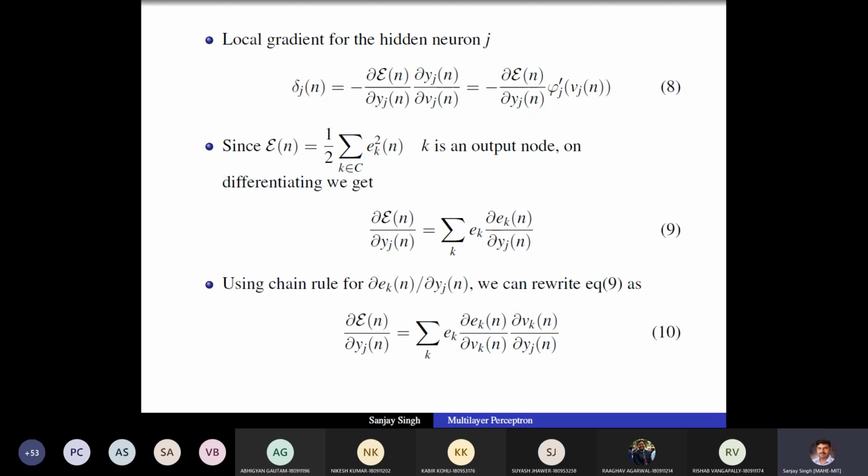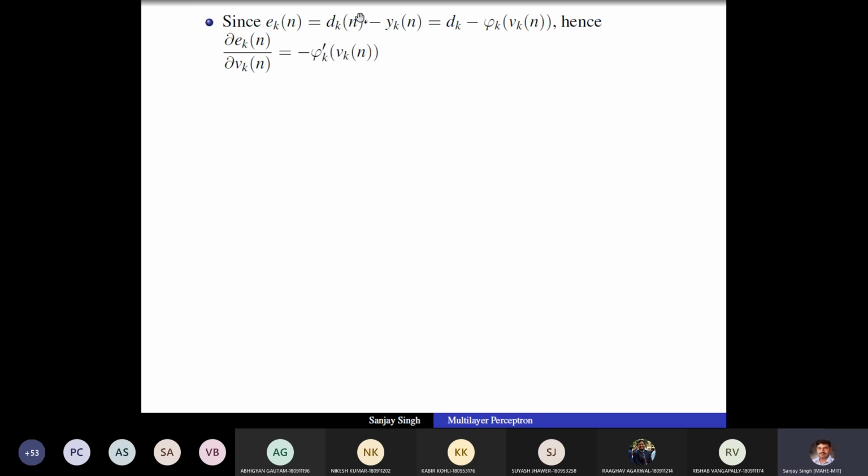So that you saw from the diagram as well. Now we'll proceed. So ∂Ek by ∂Vk, we can do this without any problem. We have Ek, you know that is dk minus Yk. So instead of Yk, you can write φk(Vkn), because φ is nothing but the output itself. Hence, when we differentiate this, it becomes minus φ'k(Vkn).